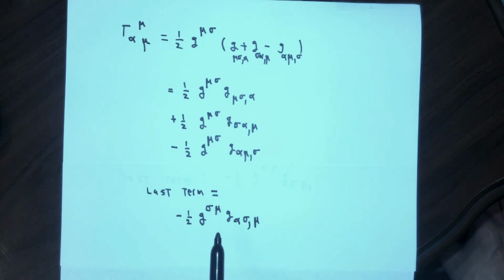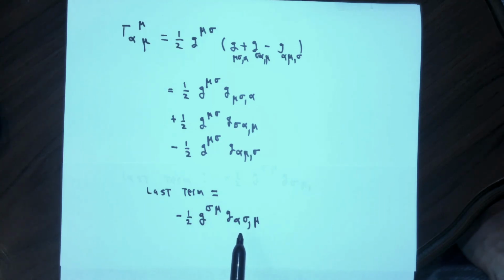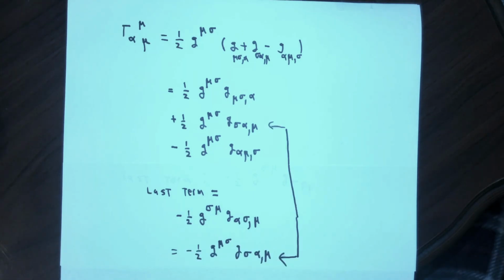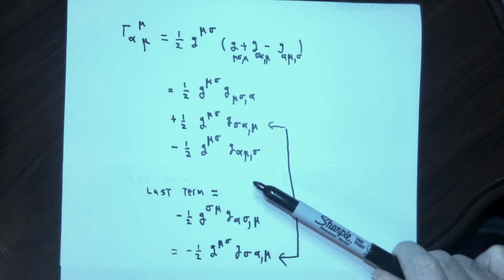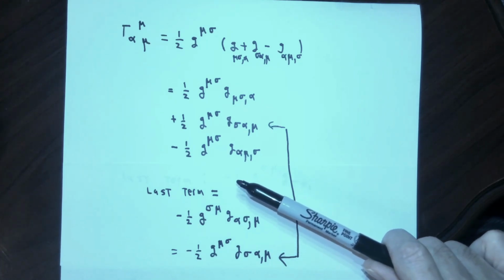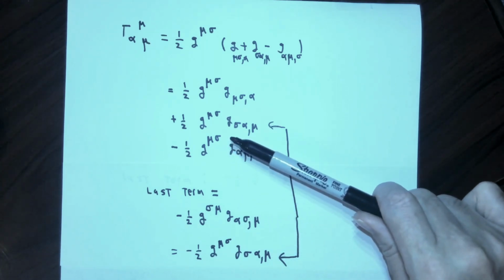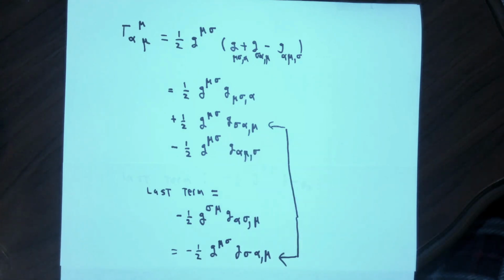So here, I change nothing if I swap the sigma and mu, and here, I change nothing if I swap the alpha and the sigma. By doing this, I see that the thing that I'm subtracting away in the third part is the same thing that I was adding in the middle. The second and third terms actually cancel each other out.